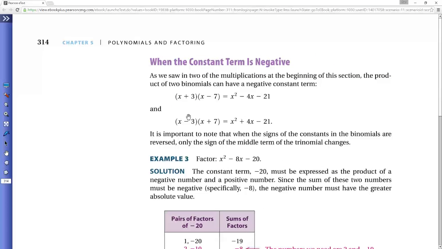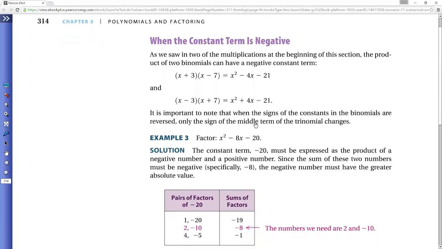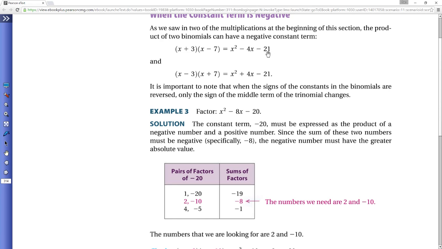Now, when the constant is negative, again, they're showing this is really pattern stuff. You could find all the factors of negative 21. Remember, we're talking about terms again.